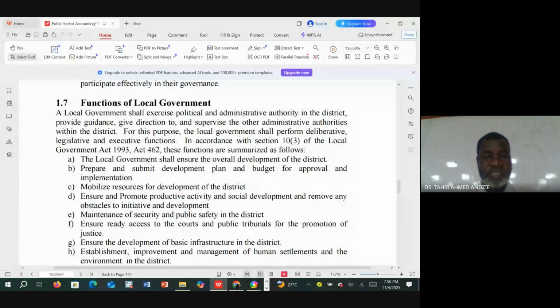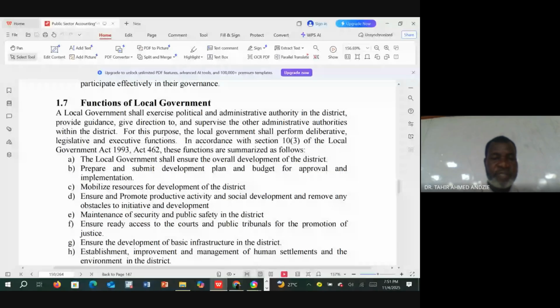For this purpose, the local government shall perform deliberative, legislative, and executive functions, right? So we have the legislative functions, the executive functions, and all these things.